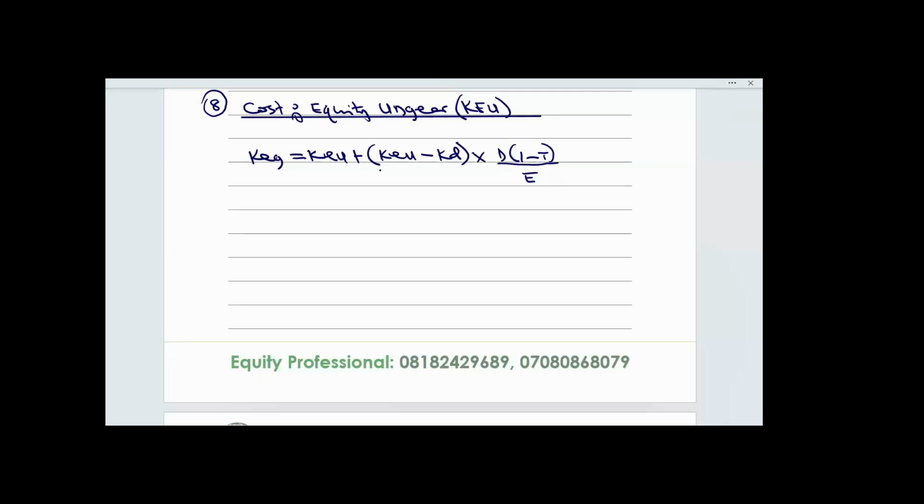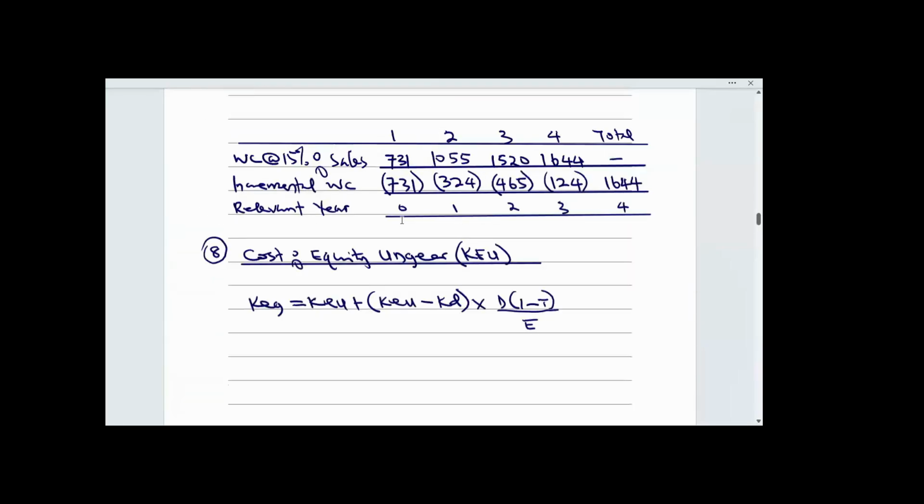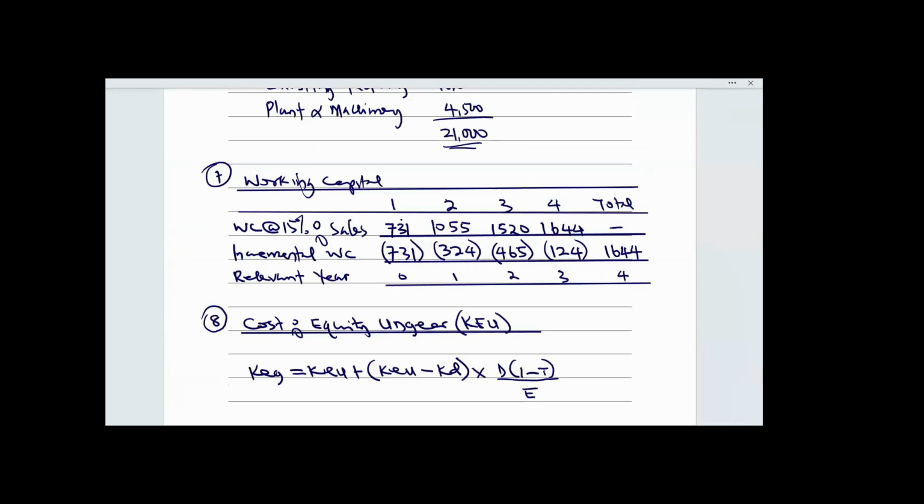In the final year, you need to recover the working capital. When I was explaining the concept under capital budgeting, I said that incremental working capital should be treated as cash outflow in the year before the year of occurrence and recovered fully at the end of the useful life. The working capital that occurs at the end of year 1, which is 731, should be treated as cash outflow in year 0.